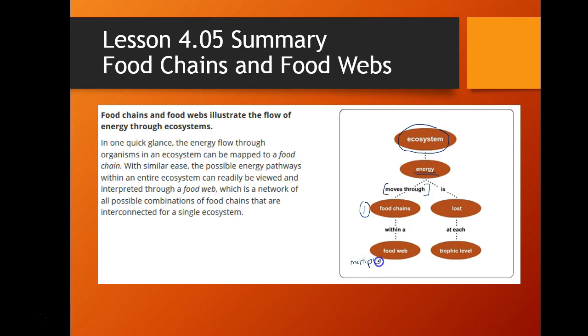So we can say that a food web is actually multiple food chains put into one graphical representation. We also learned that energy is lost at each trophic level. We have 90% lost at each trophic level, which means only 10% is passed on to the next trophic level.